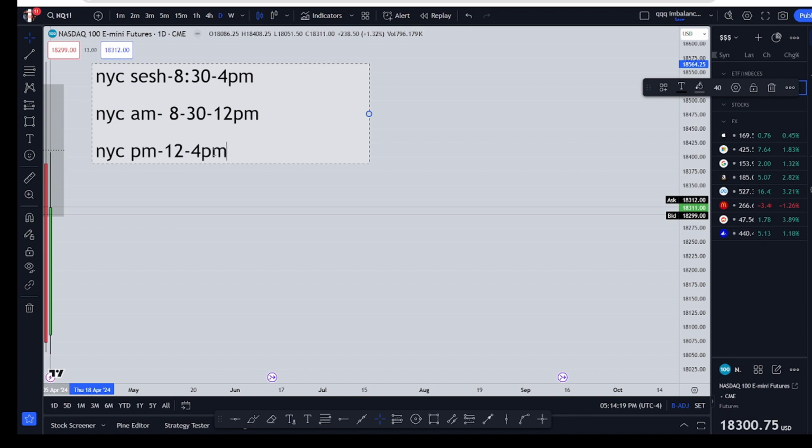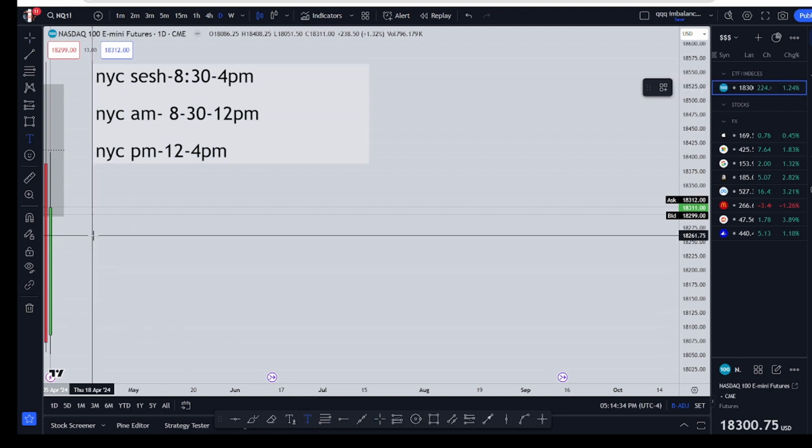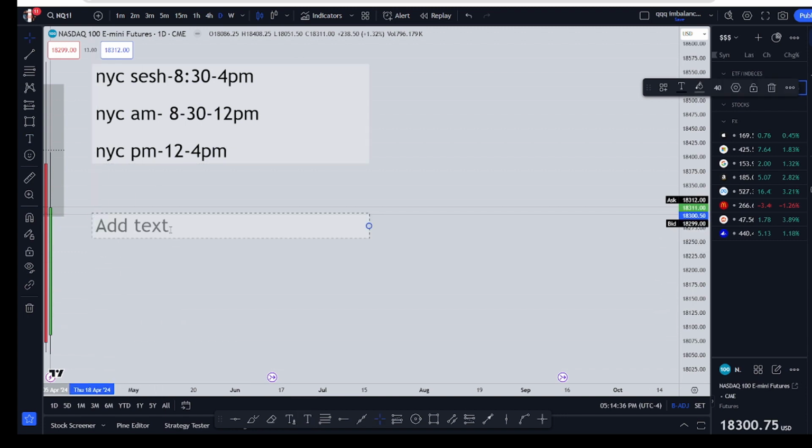The next session would then be called the pre-market session. Some people call it the AM session, London session. Some people like to get a little technical, but anyways, I'm going to break it down the way I view the market, and this is what I call the pre-market session. Anything before this, I just call pre-markets.